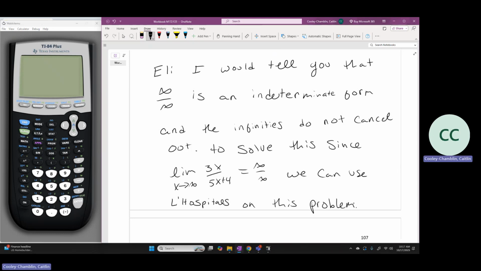Okay, so I tell Eli, hey, we can use L'Hopital's on this. And the big key word here that I would look for on a test is this is an indeterminate form. And because it's an indeterminate form of infinity over infinity, we can use L'Hopital's.